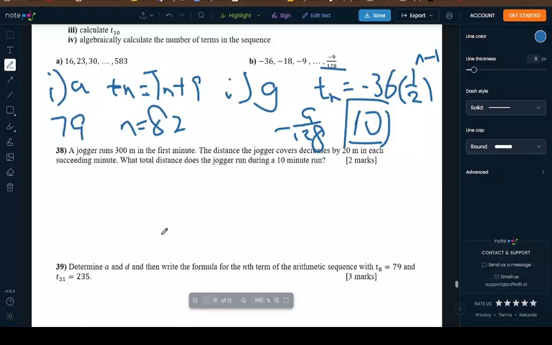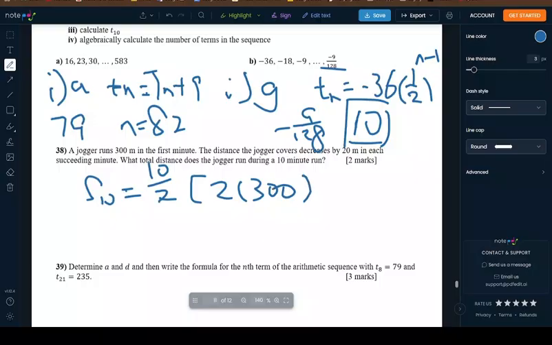So S10 is equal to 10 over 2 multiplied by 2 times 300 plus 9 times negative 20 each minute.